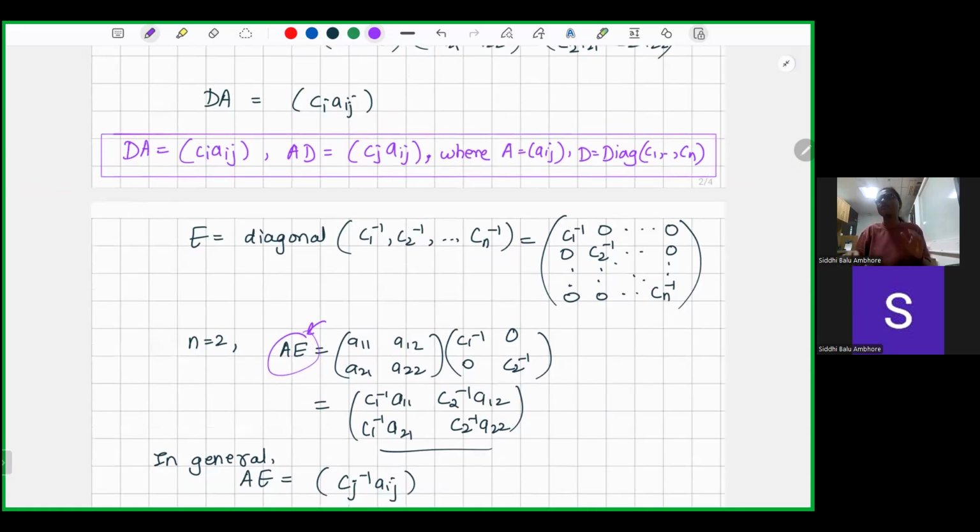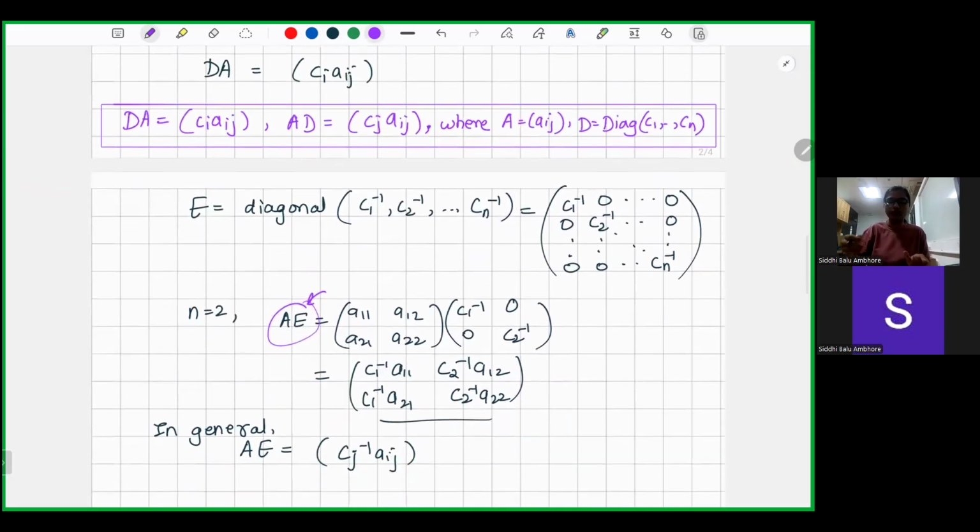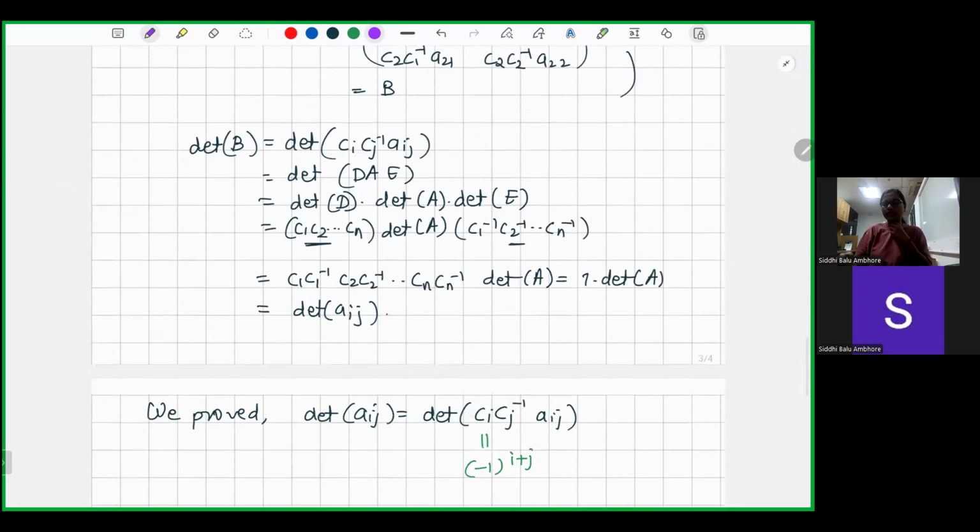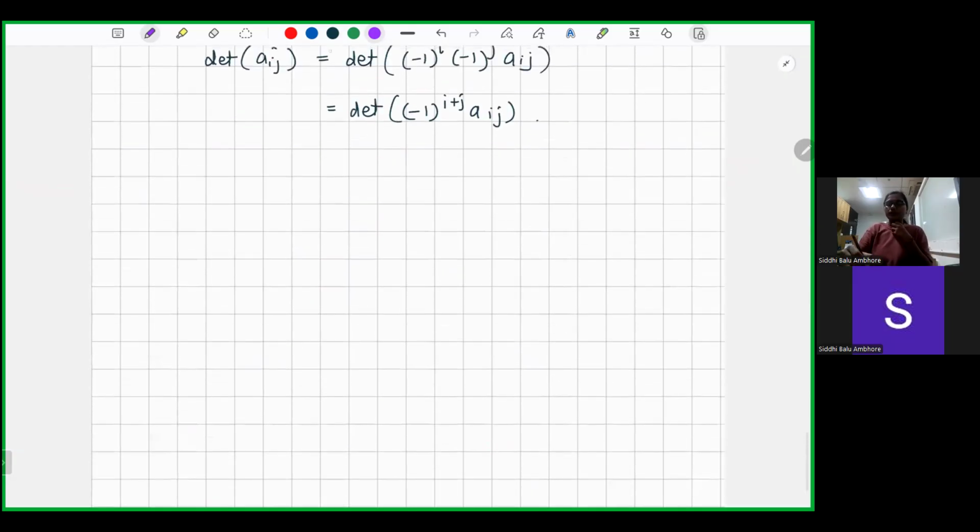Okay, this is something you can use, or if you did not know, you can also try and check this. So that's what the first question was about.